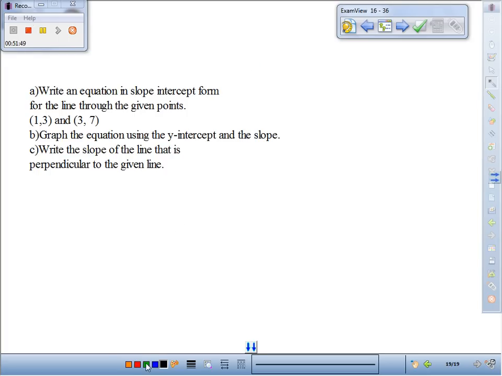And then the very first thing that you write, since they don't give us the slope, you write your formula. M equals y sub 2 minus y sub 1 over x sub 2 minus x sub 1. And the points that they give you, you need to label them. This is point 1, so this is x sub 1, y sub 1.